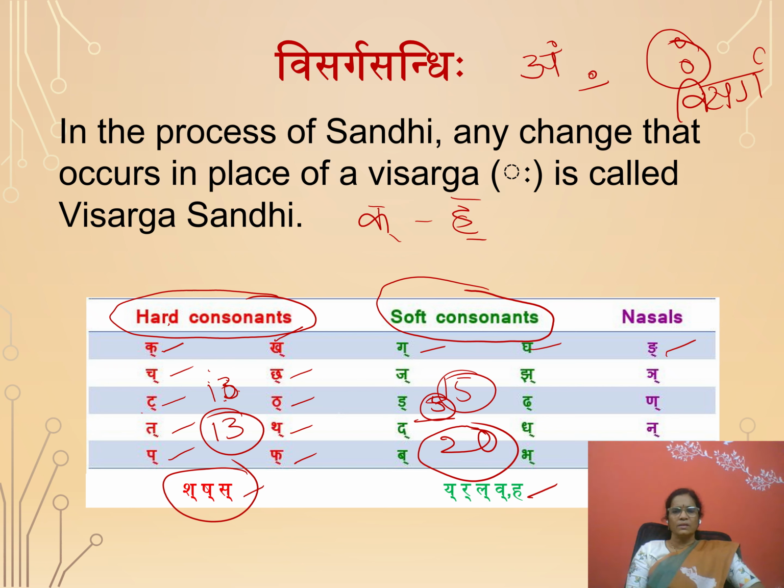While learning Anunasika Sandhi, you already know that each varga's fifth letter is called Anunasika Varnaha, nasal letters. Kavarga's fifth letter nga, chavarga's fifth letter nya, tavarga's fifth letter na, tavarga's fifth letter na, pavarga's fifth letter ma. These 5 letters are also called nasals, and they are both soft consonants and nasals at the same time. Understood?